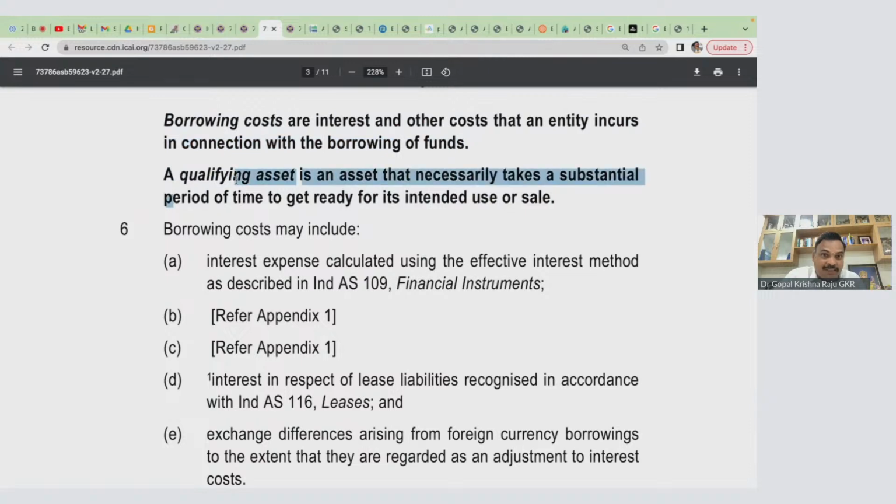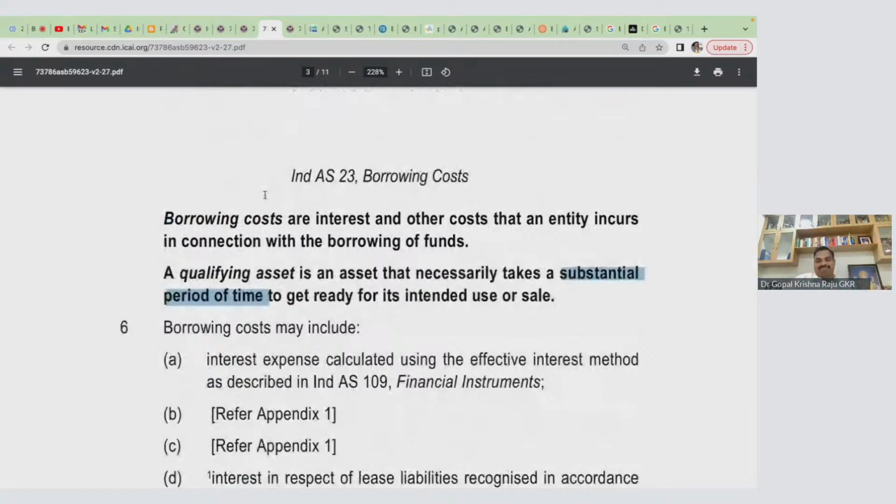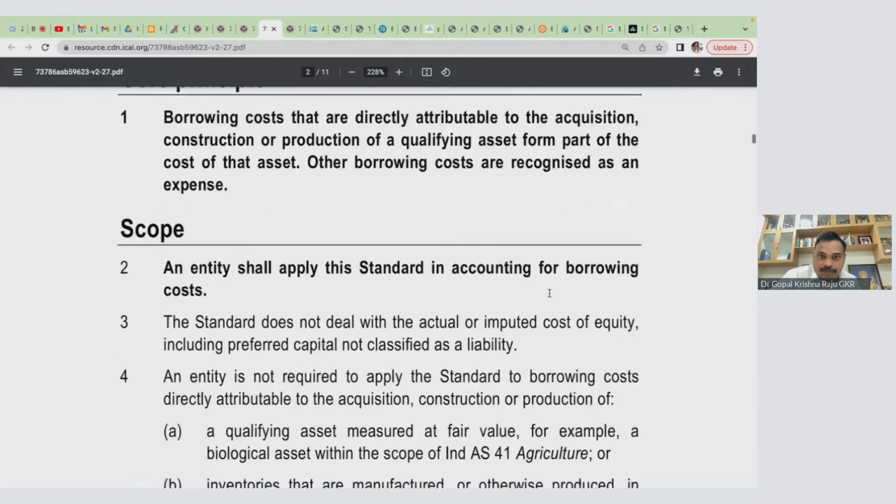What is qualifying asset? A qualifying asset is an asset that necessarily takes a substantial period of time to get ready for its intended use. Now, what is substantial period? Has it anywhere been discussed? No, it has not been discussed. So substantial period of time depends upon your business. So that is why please look at this.